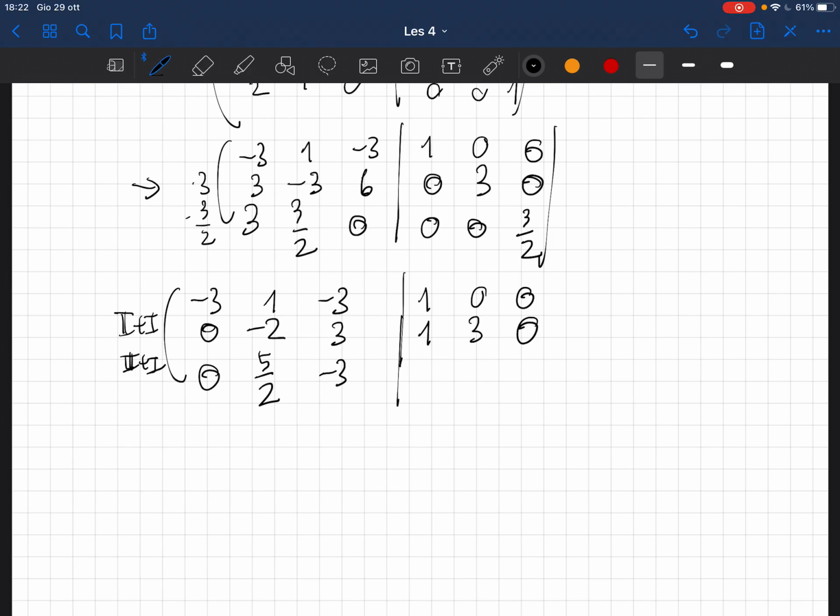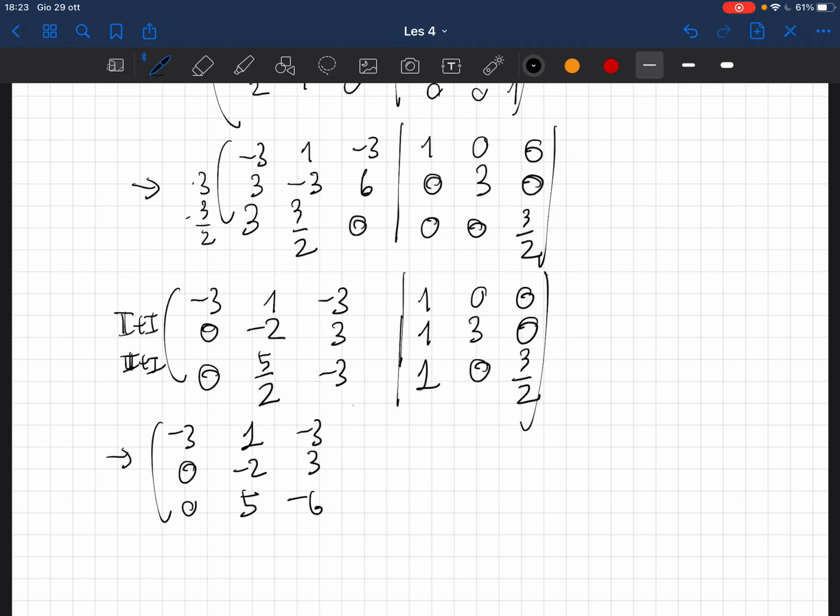So here you have 1, 0, and this. Very good. Okay, so let's just multiply by suitable numbers so we can rearrange a little bit and avoid fractions, which is sometimes kind of annoying. 0 5 minus 6.